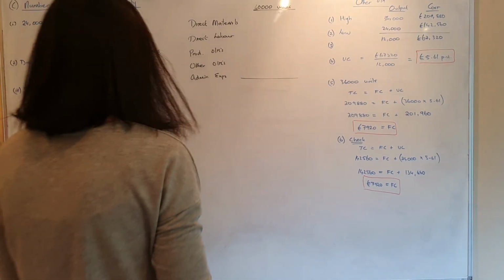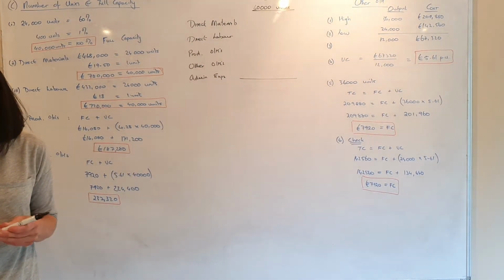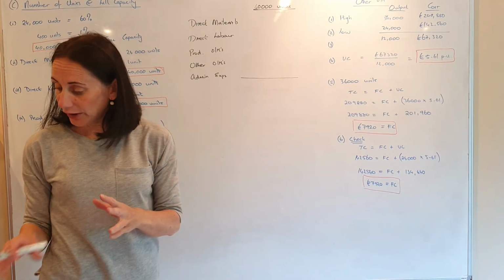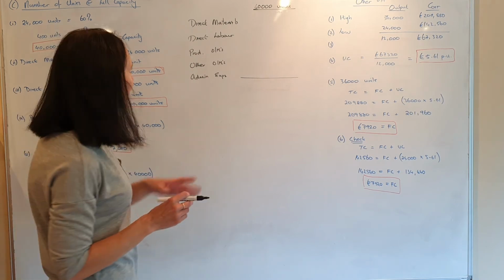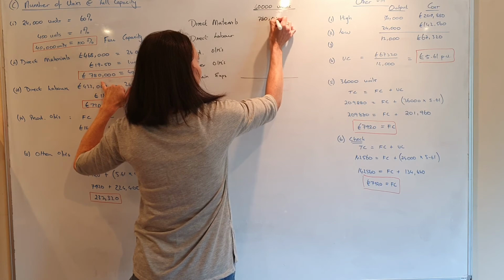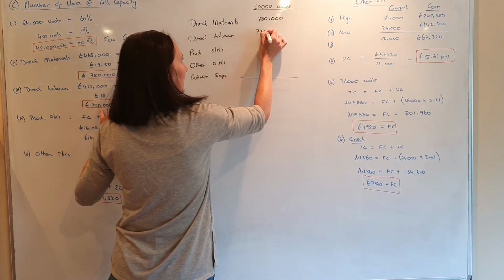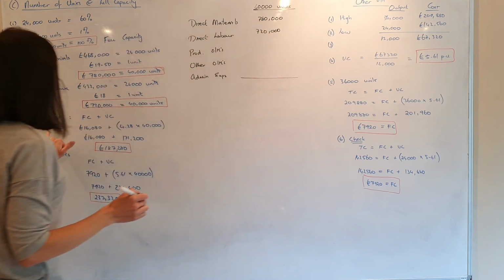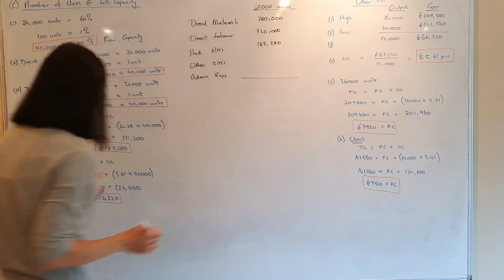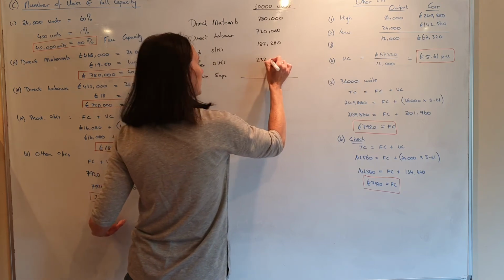So just to finish off this, the question asked, can you see the cost incurred if it was operating at full capacity? So the layout here is the exact same as the layout they've given you for 60%, 80% and 90%. So the materials we know will be 780,000. The labour will be 720,000. The production overheads 187,280. The other overheads 232,320.